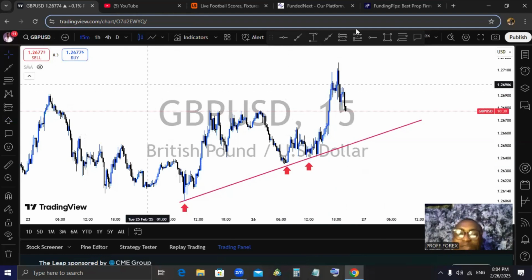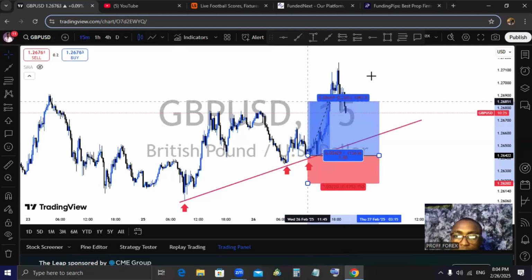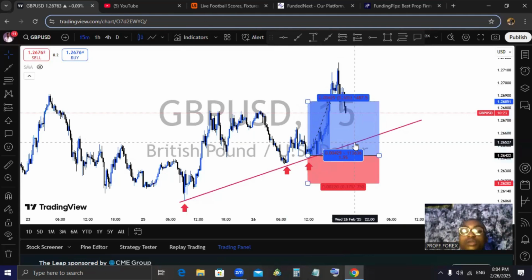This three. So immediately I saw this three here, I have to buy. When the stop loss is exactly set in this zone, then I have to take my 1 to 2. Simple as that. So as you guys can see, you can see how simple this strategy is.